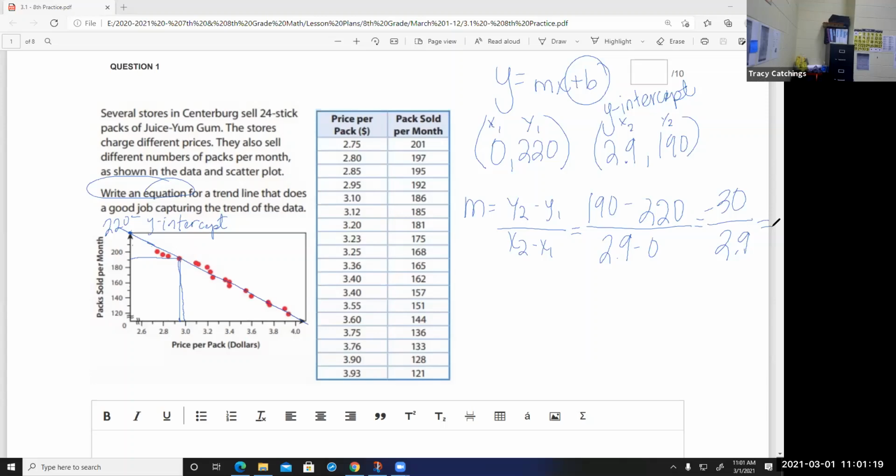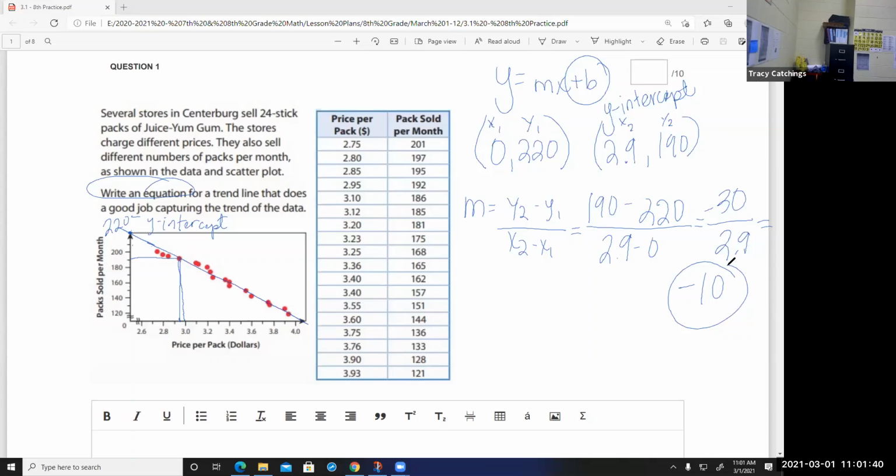All right, simplify, or in other words, that's about negative 30 divided by 2.9. Or I would say 3. I probably rounded 2.9 to about 3. All right, negative 10.